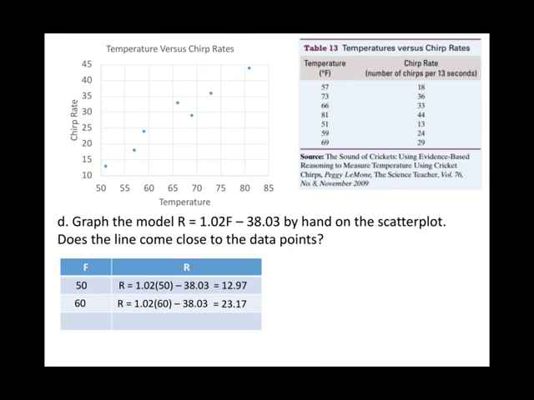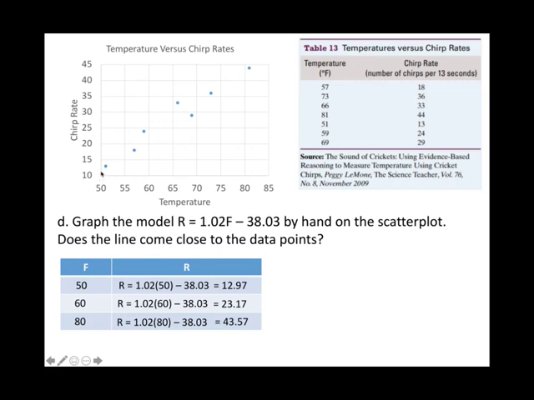Okay, last one, let me make it 80 because I want to draw the straight line from here. 80, plug it in. You should get 43.57.